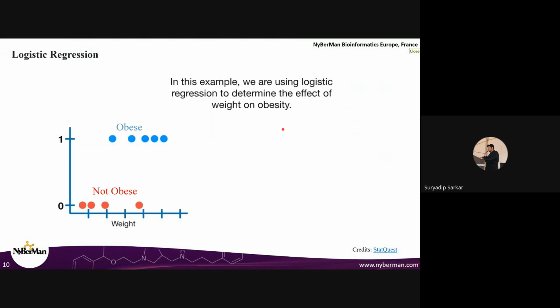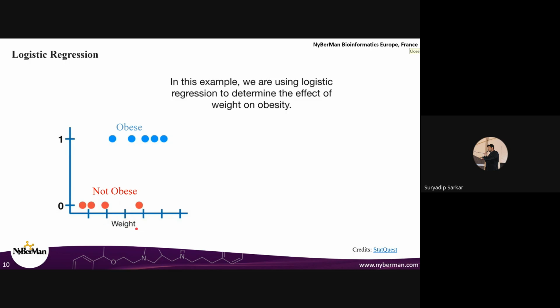Now, in order to understand maximum likelihood estimation and how exactly logistic regression figures out the best possible sigmoid curve, or the best possible S-shaped curve, we will take this example. On the x-axis, you will have weight. This is your independent variable, your feature.